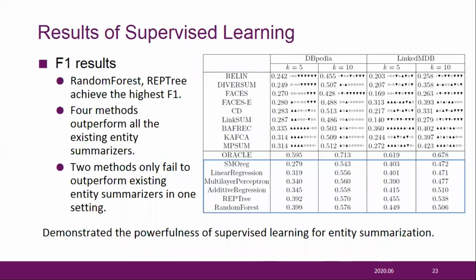Comparing with the previous results, multi-layer perceptron, additive regression, RapTree, and random forest outperform all the existing anti-summarizers on all the settings. The remaining 2 methods, SMO-RAG and linear regression, only fail to outperform in one setting. These results demonstrate the power of supervised learning for anti-summarization.